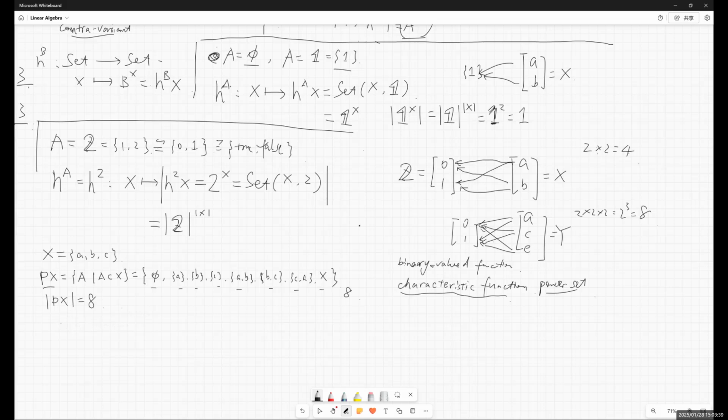A characteristic function is defined on the set. So a characteristic function chi is from a set X to the binary set.